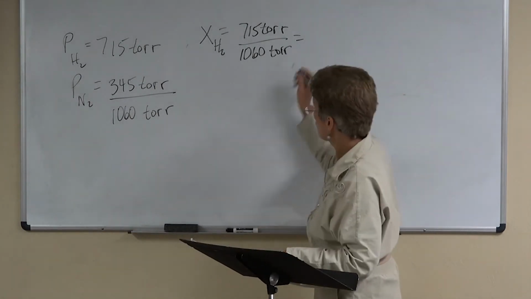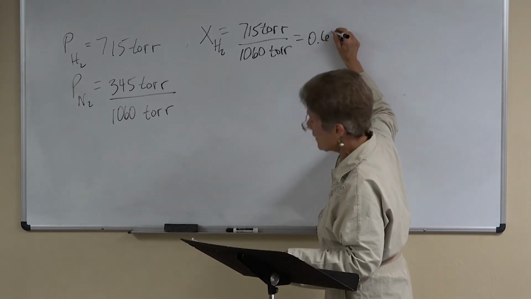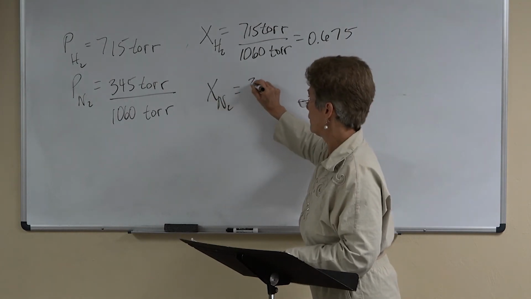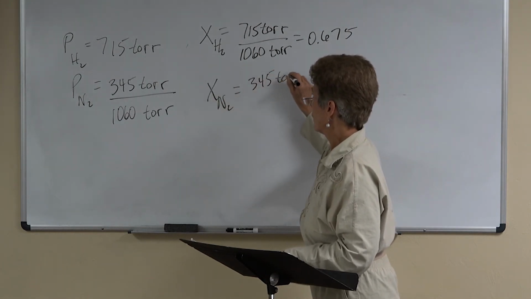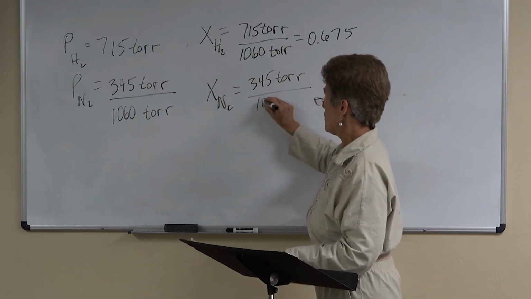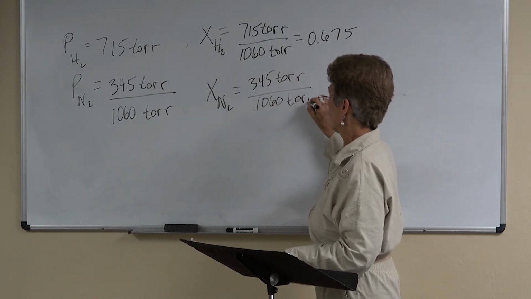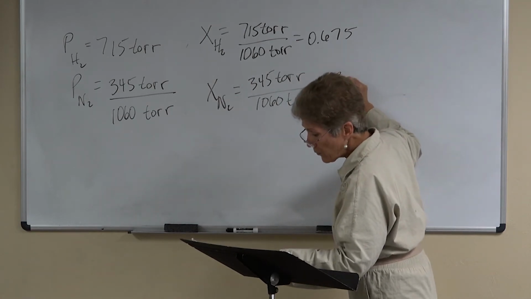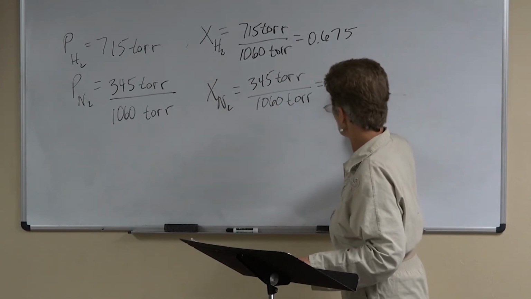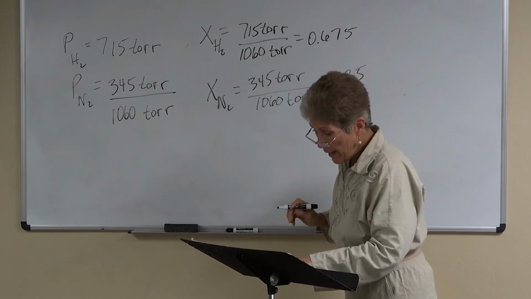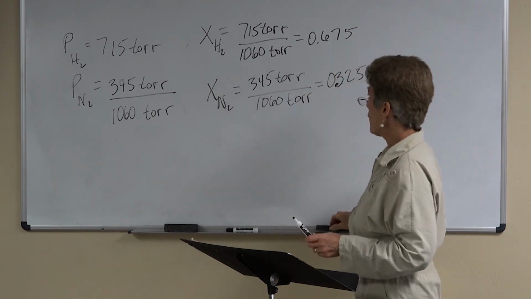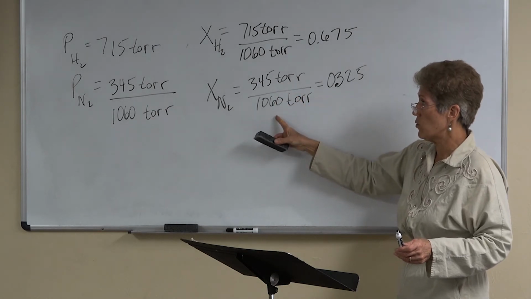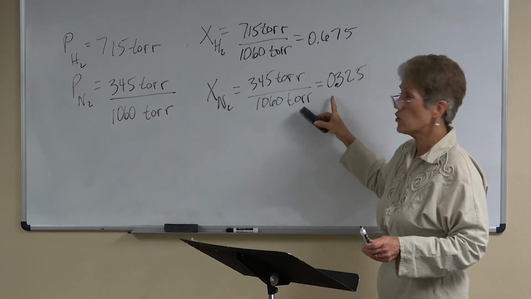So our answer should be in 3 significant figures. 0.675. And for nitrogen, we do the same thing. 3 significant figures, that gives us 0.325. And that's what we were asked for, was the mole fraction of each. So you just take its partial pressure divided by the total pressure, and that gives you the mole fraction.